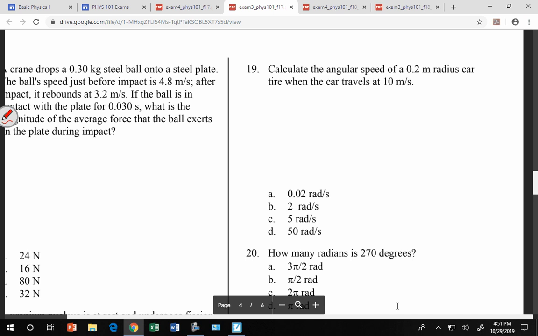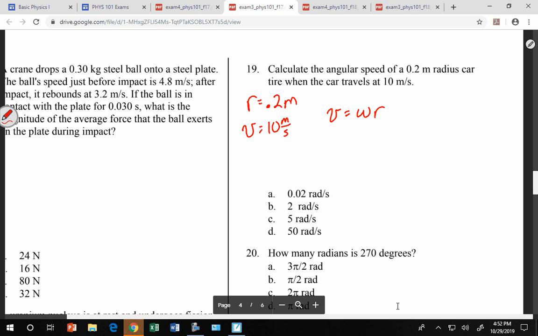Okay, so I'm going to write down what I know. I know my radius is 0.2 meters. I know that if the car is traveling at 10 meters per second, then the tangential velocity of the tire is also 10 meters per second. And I know that v is equal to omega times R. Check my units here, because I know it needs to be in radians.